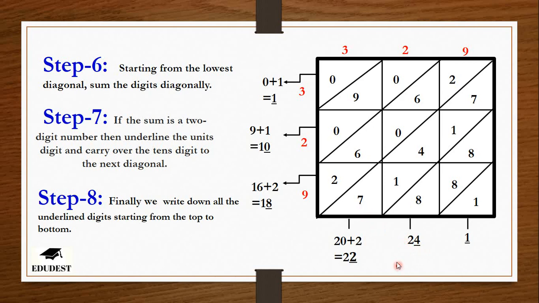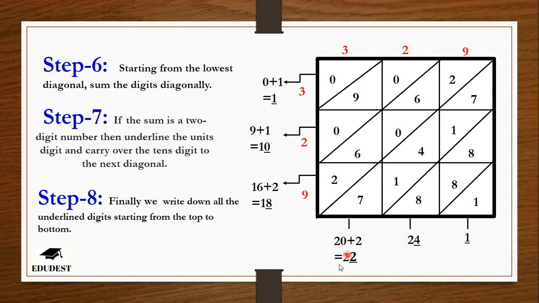Now move to the third diagonal. Here the total sum is 7 plus 1 is 8, 8 plus 4 is 12, 12 plus 1 is 13, 13 plus 7 is 20. So the total sum is 20. And here we need to add 2, because this 2 is carried from the previous diagonal.